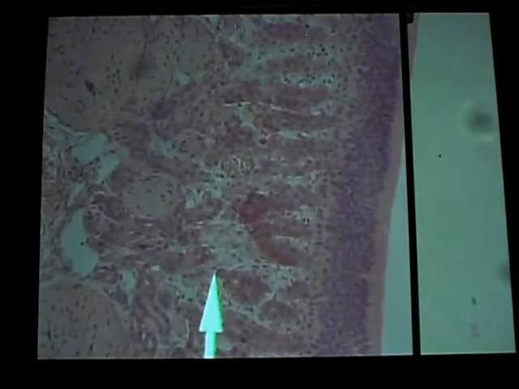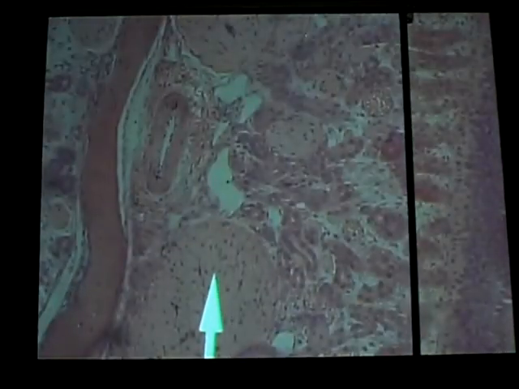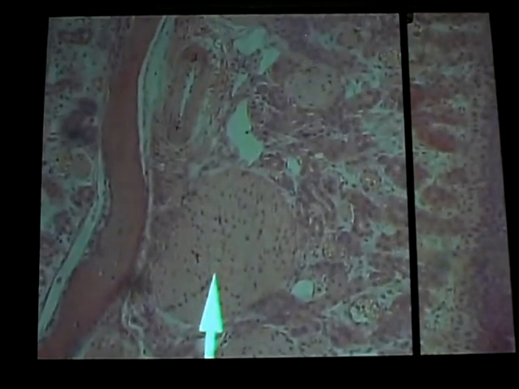Again, we have our pseudostratified epithelium, we have our serous glands, which are called Bowman's glands, we have our nerve bundles, those are our fila olfactoria. Once we see all that, we know that we're looking at our olfactory epithelium.